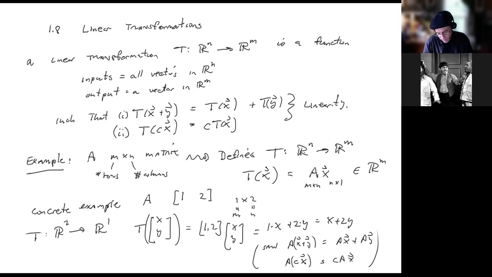right, I want to define now some terminology, which you've seen in other contexts. So T is going to be a linear transformation from Rn to Rm.